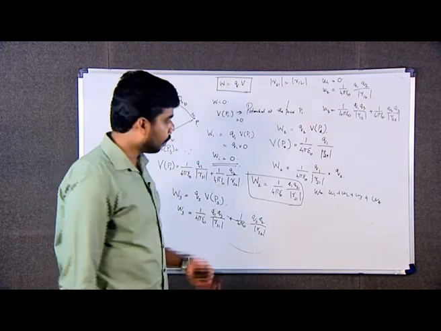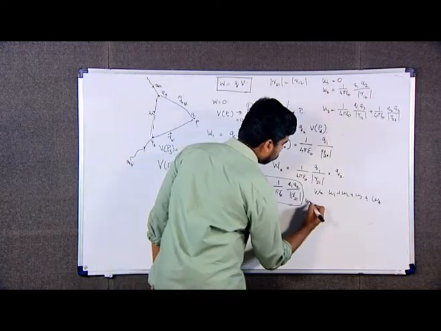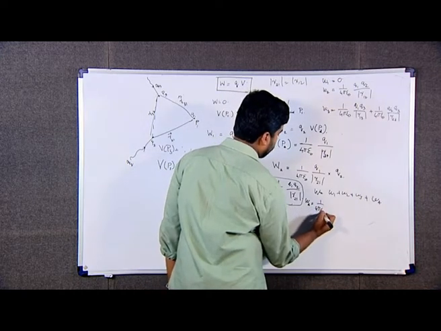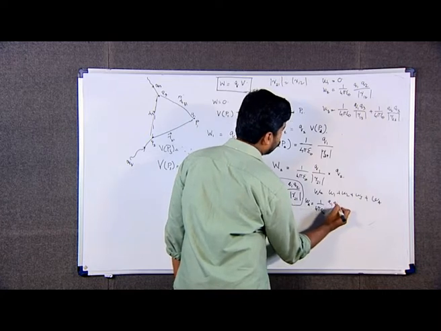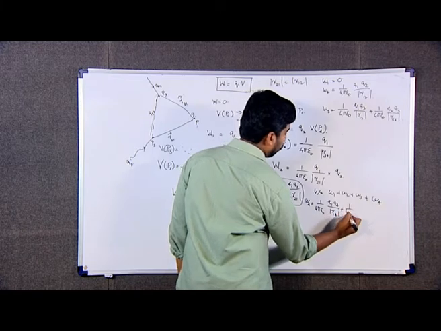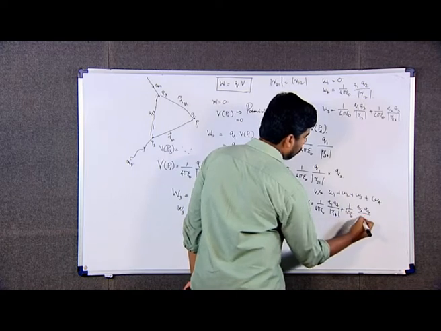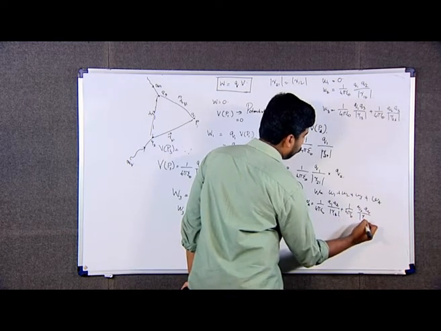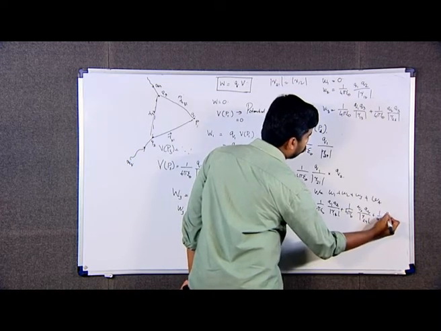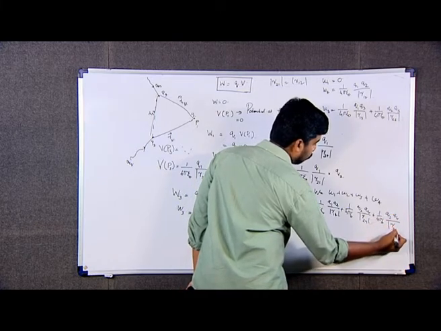So, what about W4? You can just look into the board and write the expression for W4. W4 will be equal to 1 by 4 pi epsilon 0 Q1 Q4 by modulus of R14 plus 1 by 4 pi epsilon 0 Q2 Q4 by modulus of R24 plus 1 by 4 pi epsilon 0 Q3 Q4 by modulus of R34.